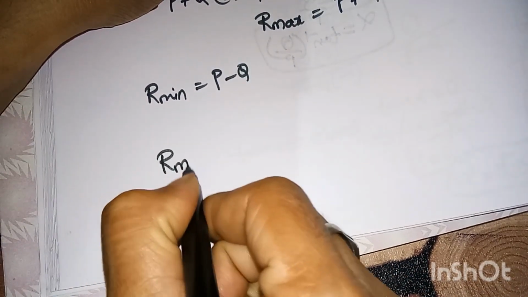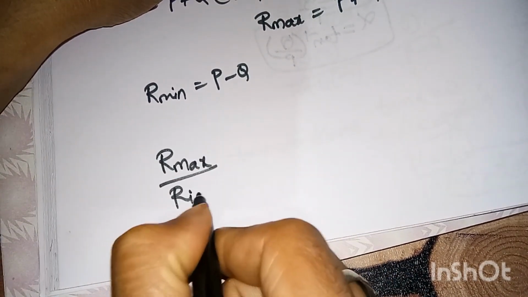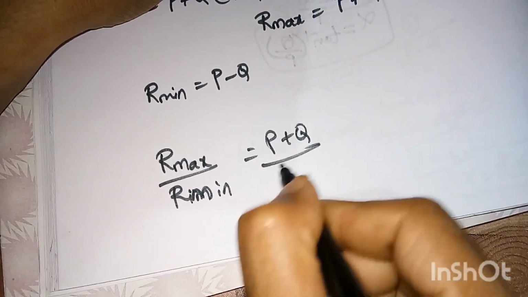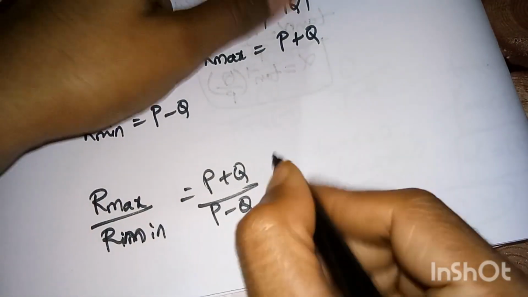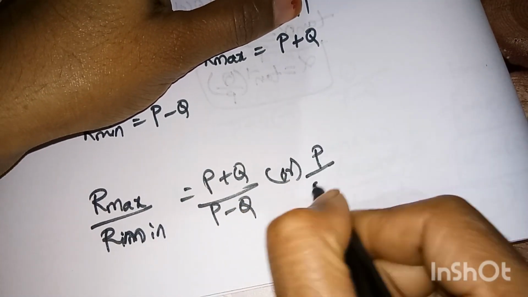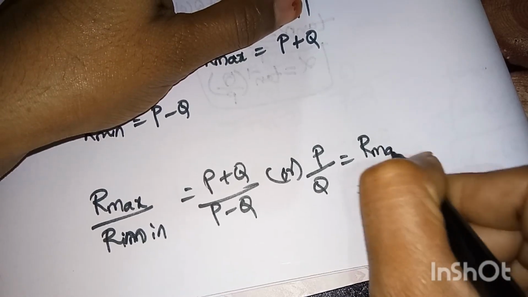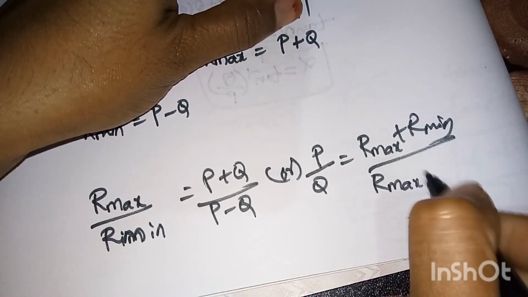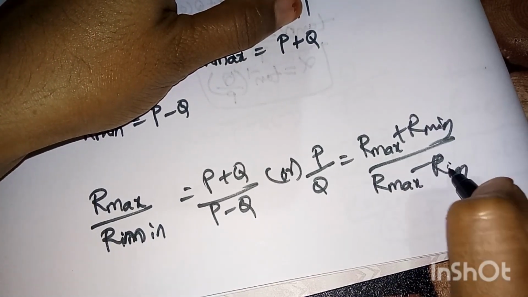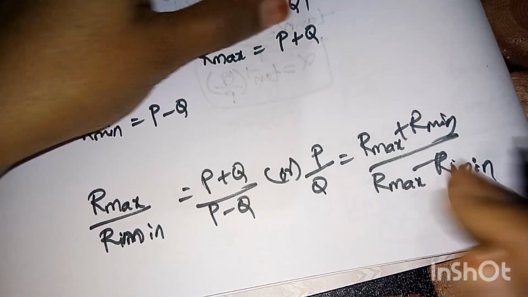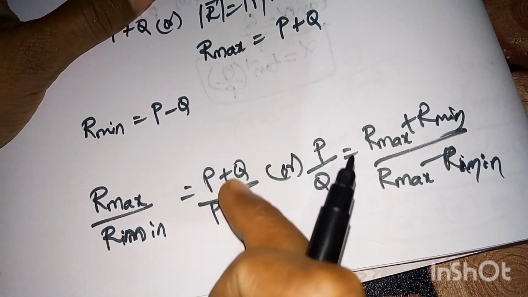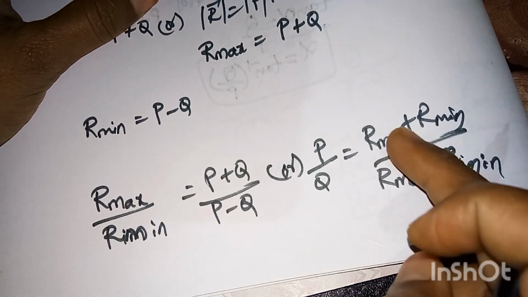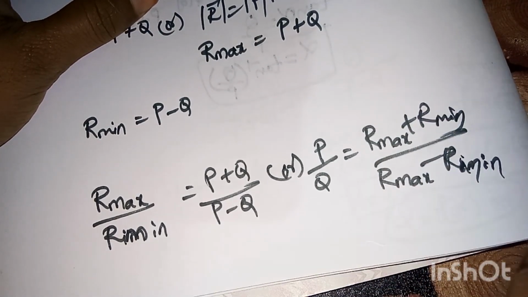So the ratio of R maximum by R minimum can be written as P plus Q by P minus Q. This can also be written as P by Q equals R maximum plus R minimum by R maximum minus R minimum.